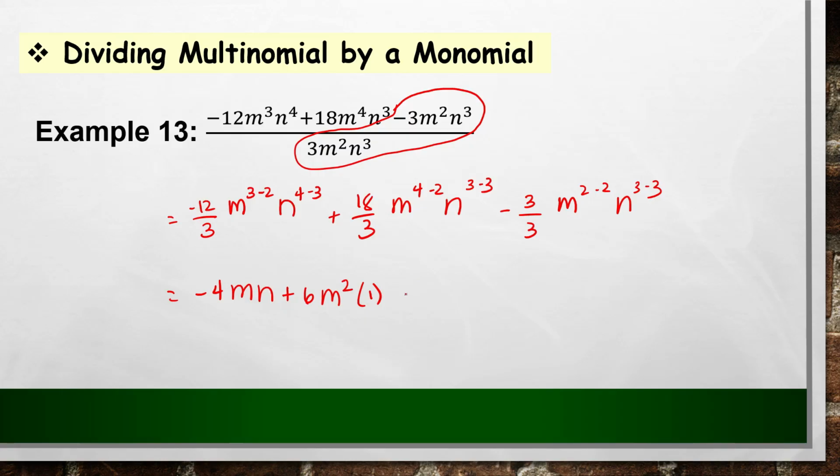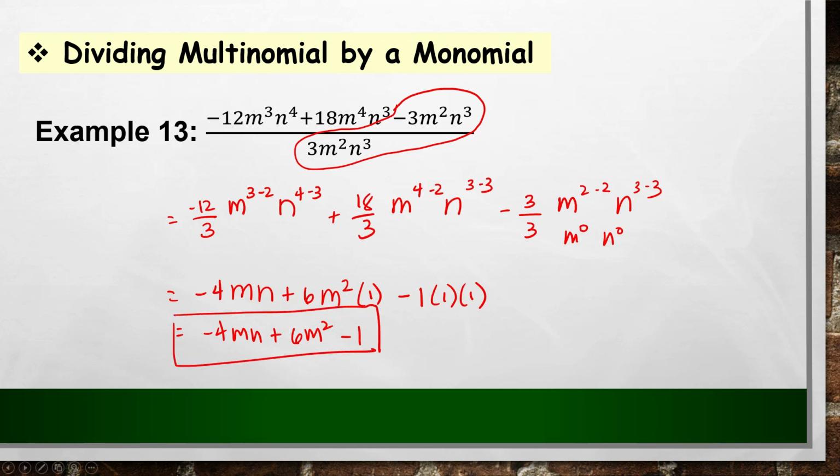So minus 1. 3 divided by 3 is 1. The exponents are 0, so that's 1 times 1. Final answer: negative 4mn plus 6m squared minus 1.